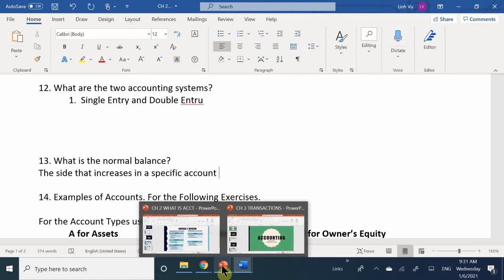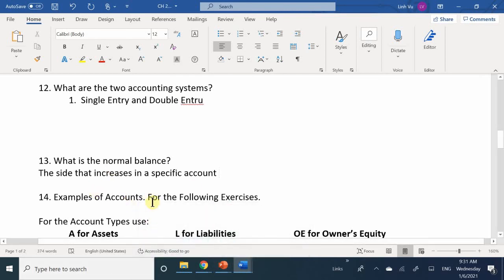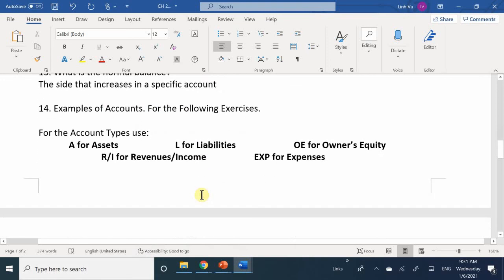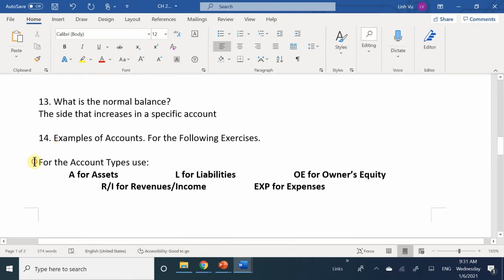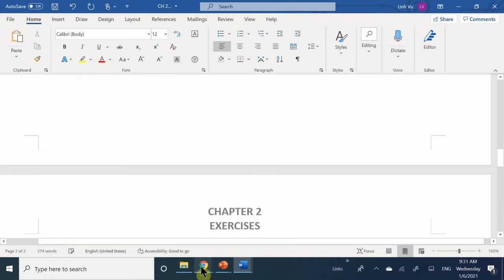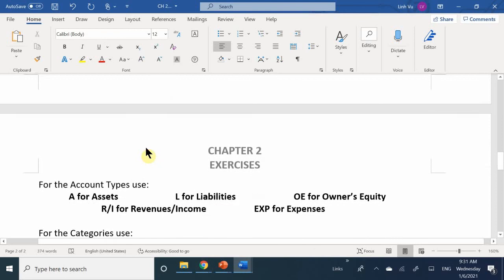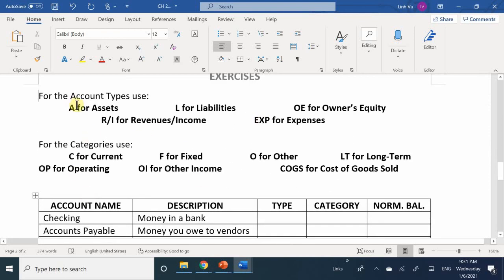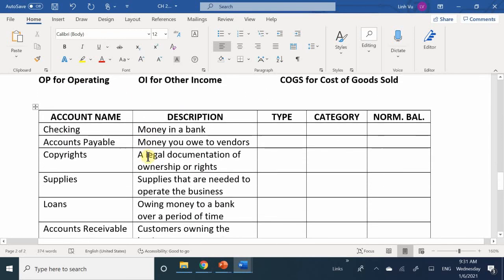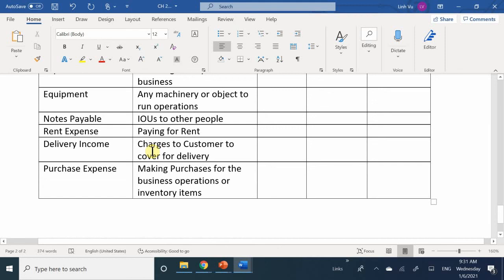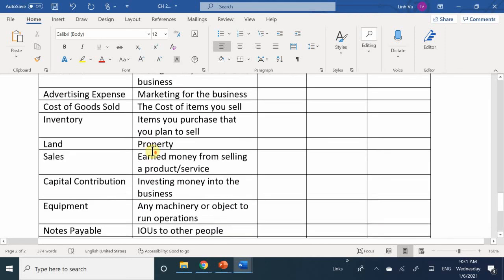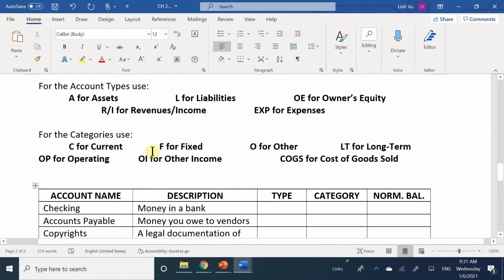Okay, so the next question is examples of accounts for the following exercises. This one's where we're going to practice. Here are the categories, here are the account types. This reflects things we will see when we talk about your test.